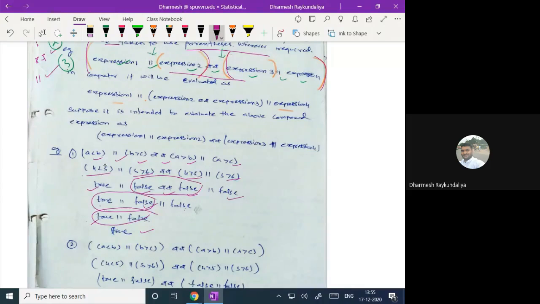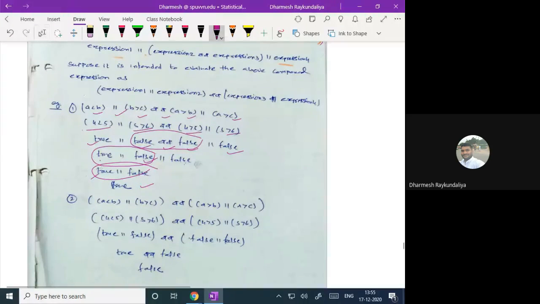But if I use brackets, because I wish to evaluate in this way, first it will evaluate the brackets. This is true, this is false, the result is true. This is false, this is false, the result is false. And then true, logical AND false.